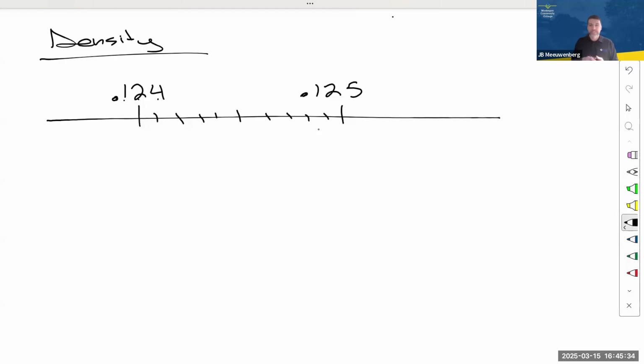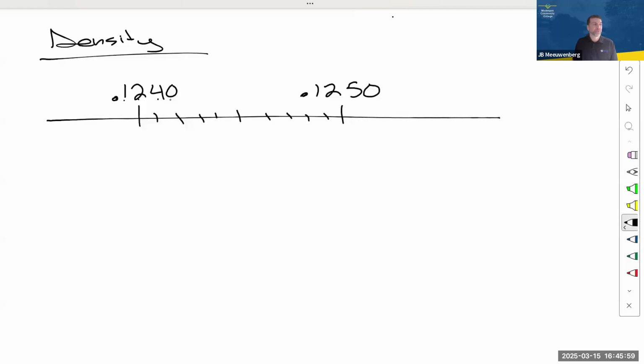One way you can do this, and I mentioned this in a previous video, is to express both of the decimals we're working with one decimal place further than was already stated. 1,240 10,000ths, 1,250 10,000ths.